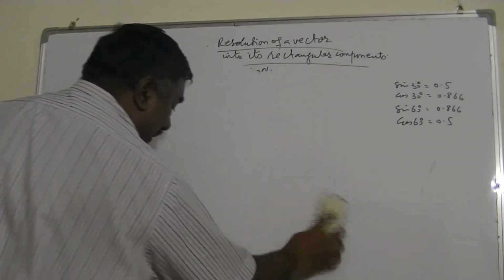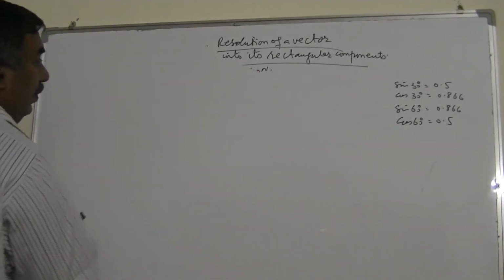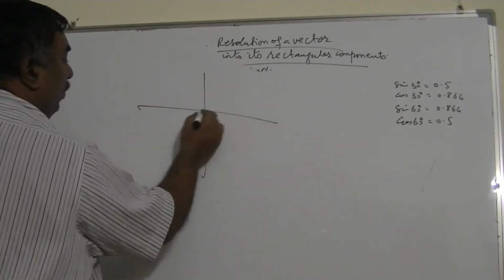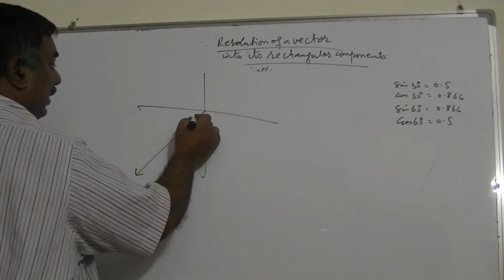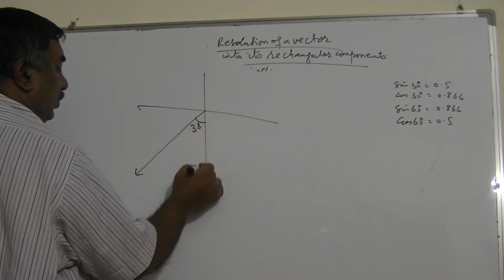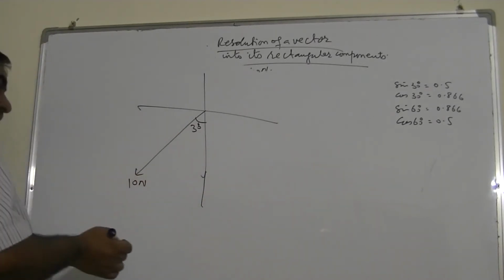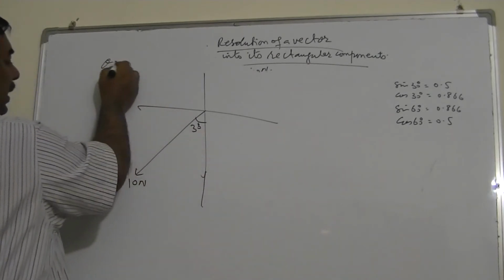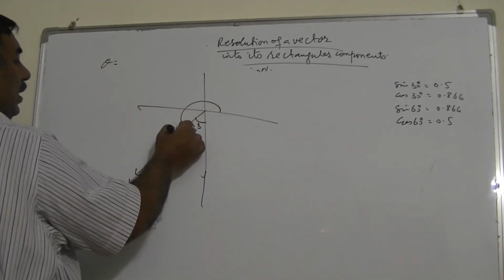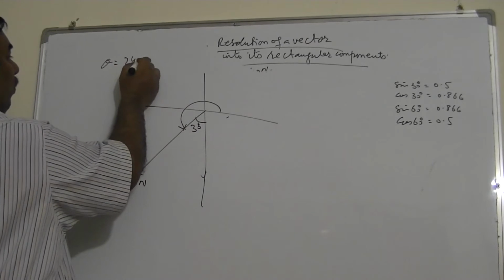In that way you can always find these values. For example, if you have this component here, and the angle is suppose 30 degree given to you, and this is 10 Newton. First, the general angle here is up to this one. This is 180, so the general angle is 240 degree.